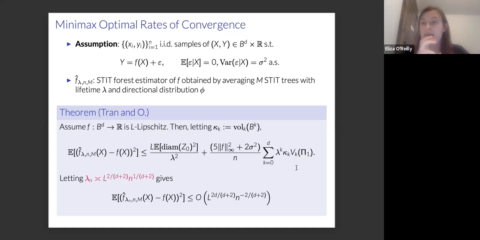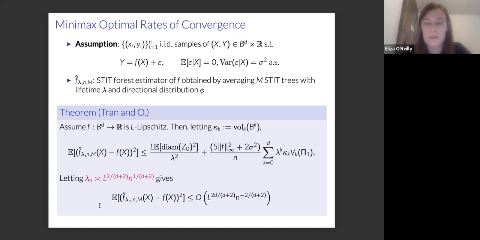And this is actually the minimax optimal rate for the class of Lipschitz functions, which means this is the best rate you could hope for in the worst case over this function class.